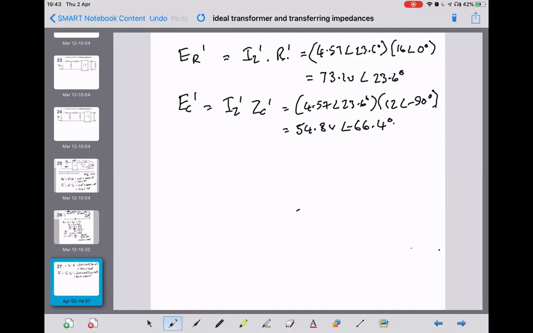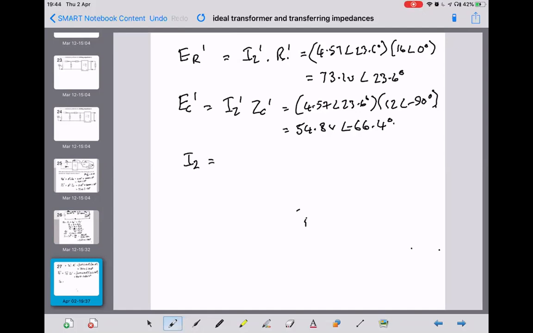And then we can transfer them back, can't we? We know everything now. Like we did in the last problem, how do I find out what the current is?